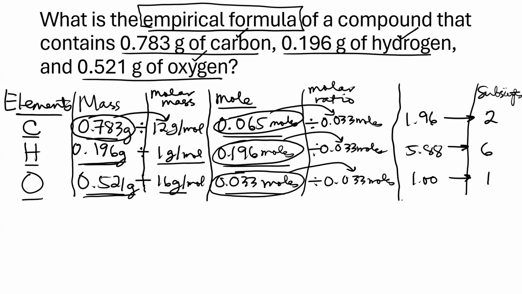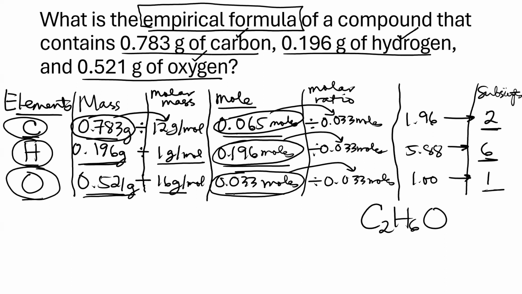That means our empirical formula becomes C2, because that's 2 for carbon, H6, 6 for hydrogen, and O subscript 1, we can just leave 1 as is, which corresponds to oxygen.